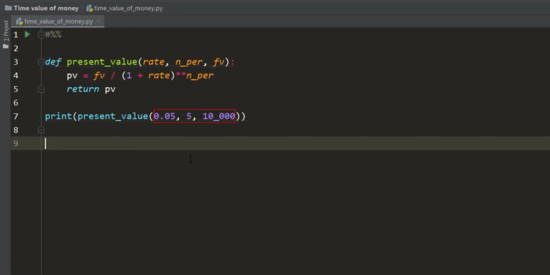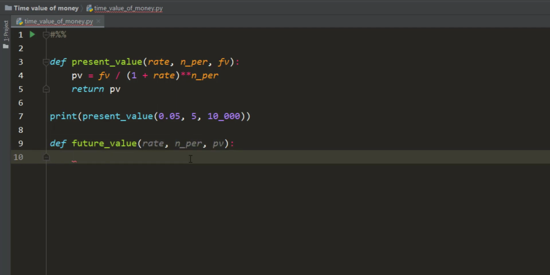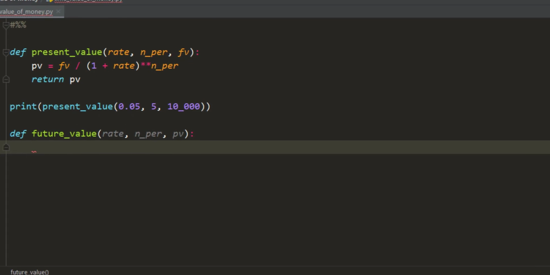Now that we know that's working here, let's define the future value function, and we can give it the rate, number of period, and present value. And then let's just look at our formula again here.